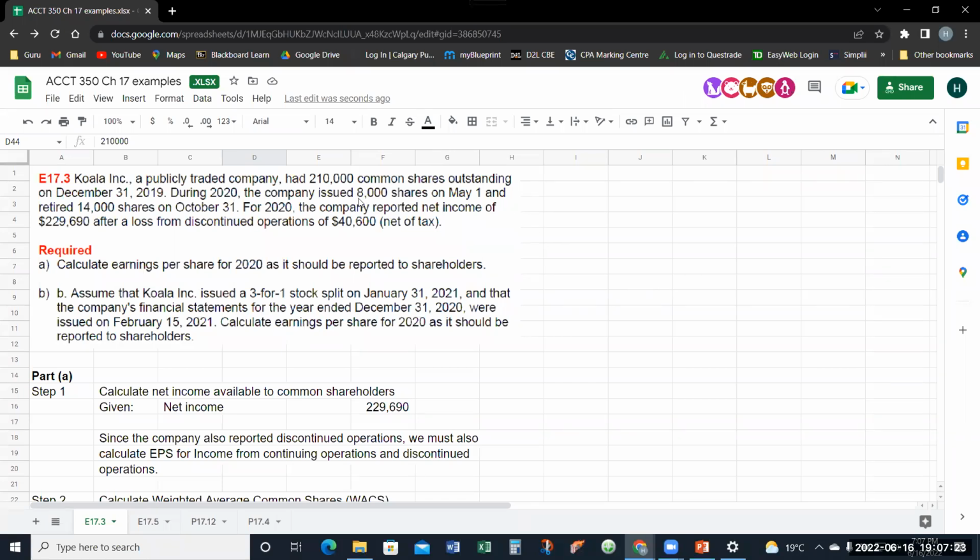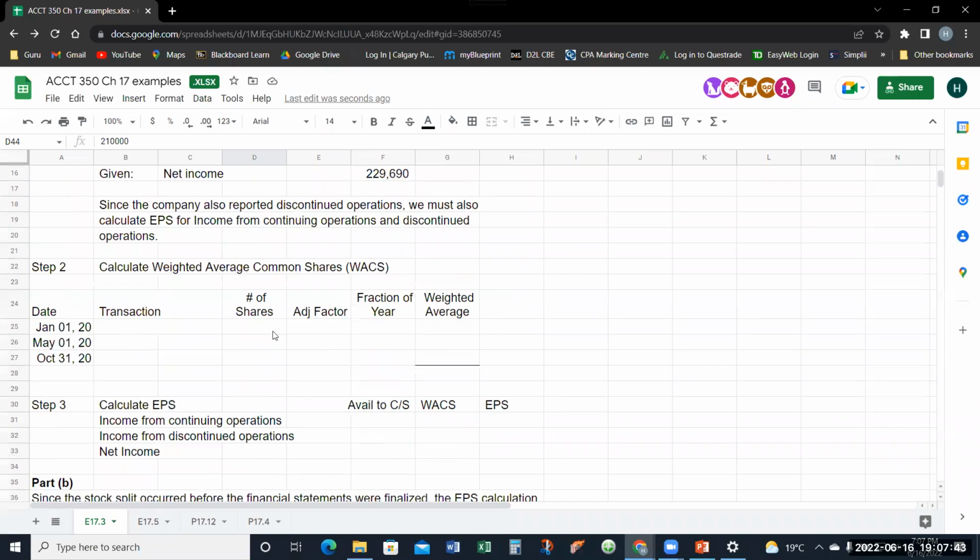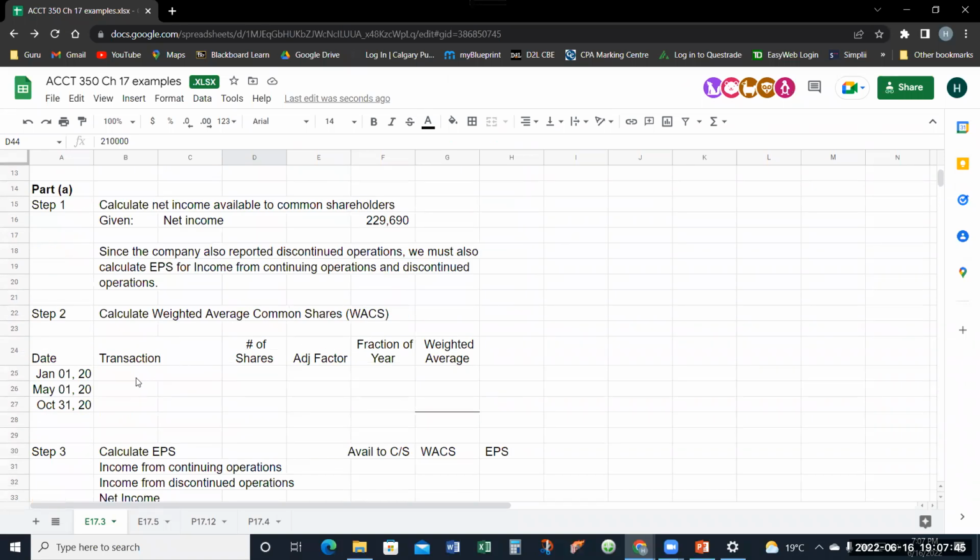One is that the company issued 8,000 shares on May 1st. So when you issue shares, the number of shares goes up. And then the company retired 14,000 shares on October 31st. You retire shares, the number of shares goes down. Okay, so May 1st, the company issued shares.